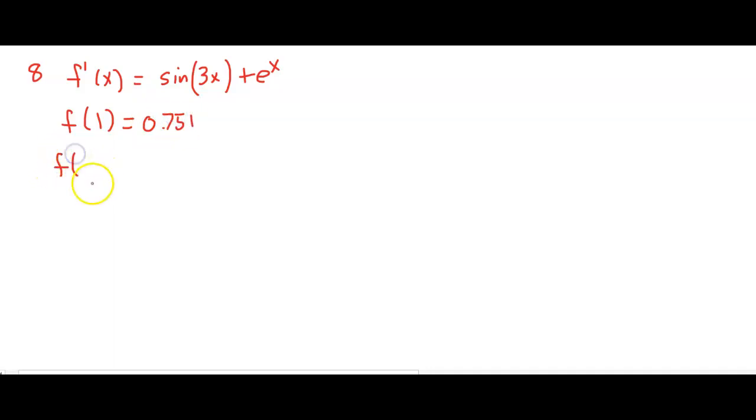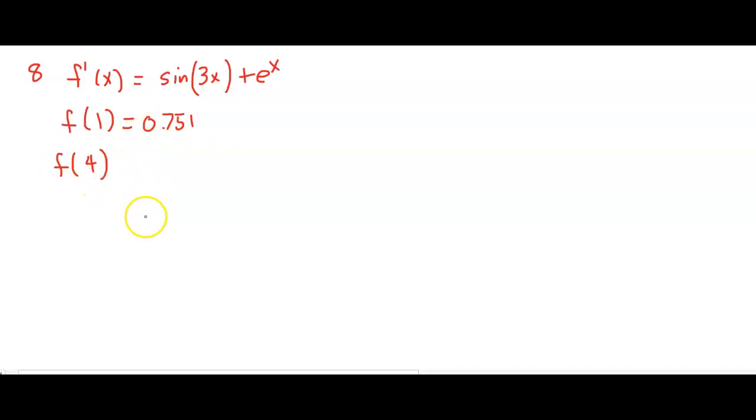Number 8 says that f prime of x is equal to sine of 3x plus e to the x, and we know that f of 1 is equal to 0.751. And we need to find f of 4.